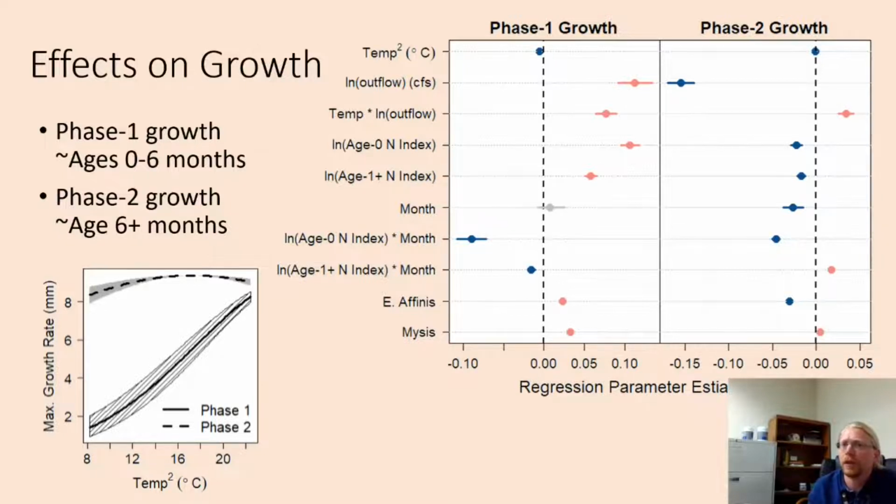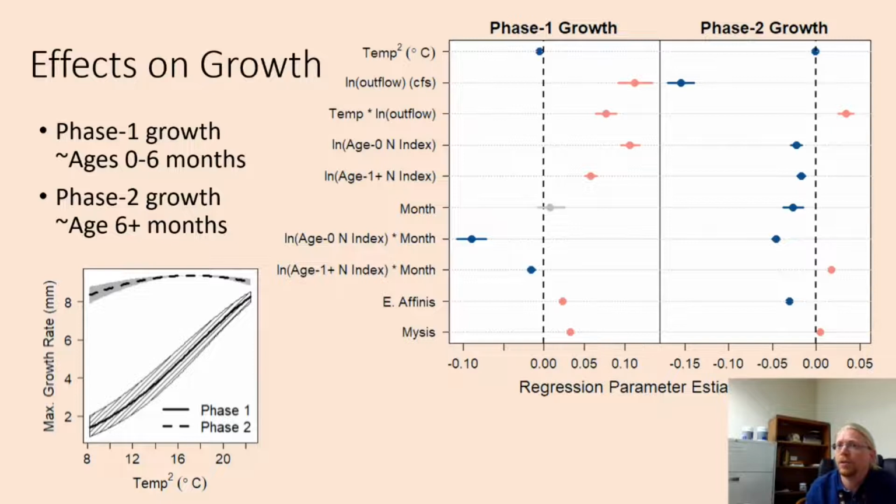Taking a look at the figure on the right, we have our covariates going down the vertical axis, so temperature squared on top, followed by log of outflow, followed by temperature outflow interaction, and so on as we move down. On the horizontal axis, we have the regression parameter estimates. On the left panel is phase 1 growth, right panel is phase 2 growth.